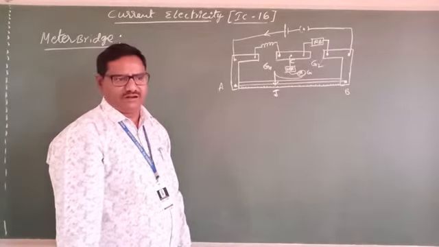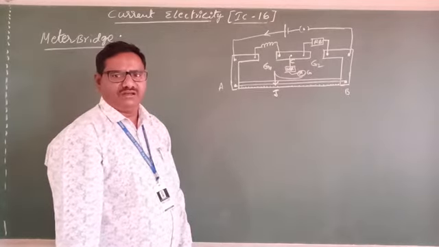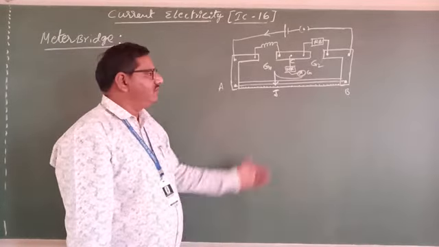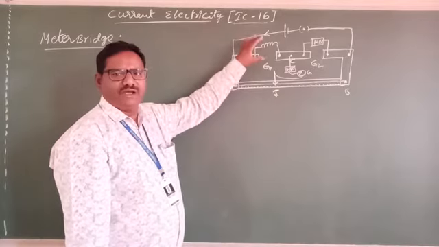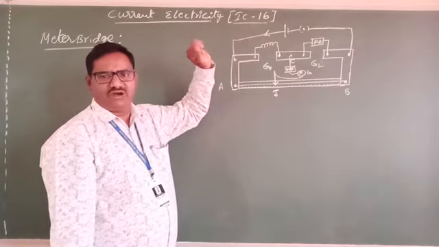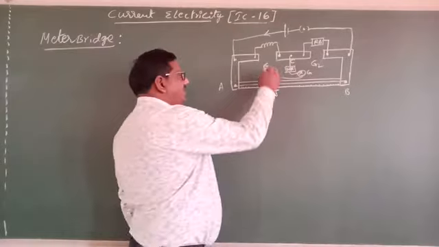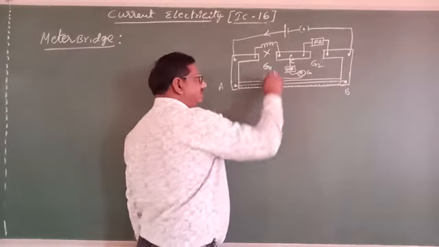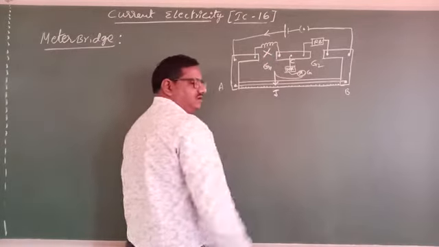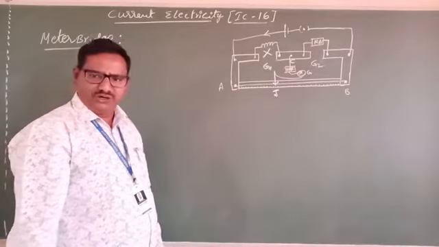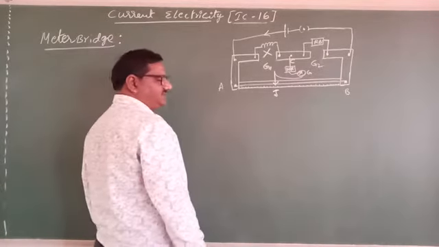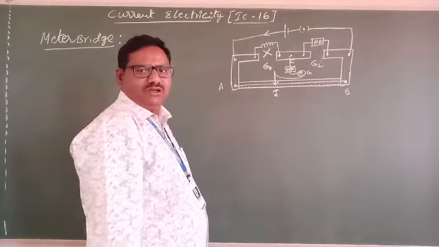Then we want to measure this unknown resistance of the wire. So I write it as X, the unknown resistance of wire. I want to measure that resistance using this meter bridge experiment.